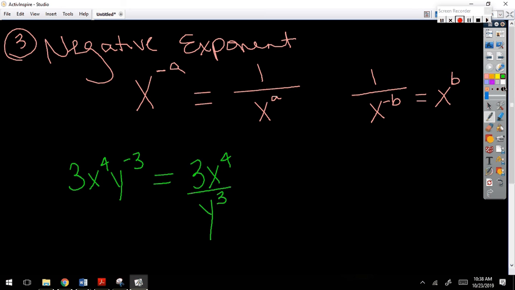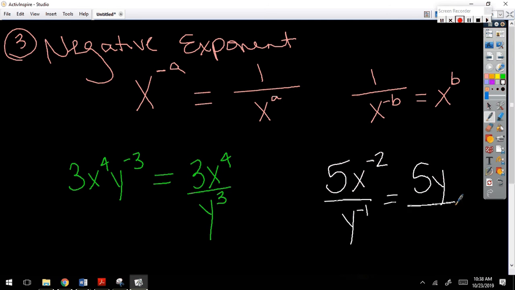How about this one? What would that become? 5 y over x. Good job, y'all. And I say that because you knew not to move the 5 with the x. You recognized it being a separate piece, which is really good.